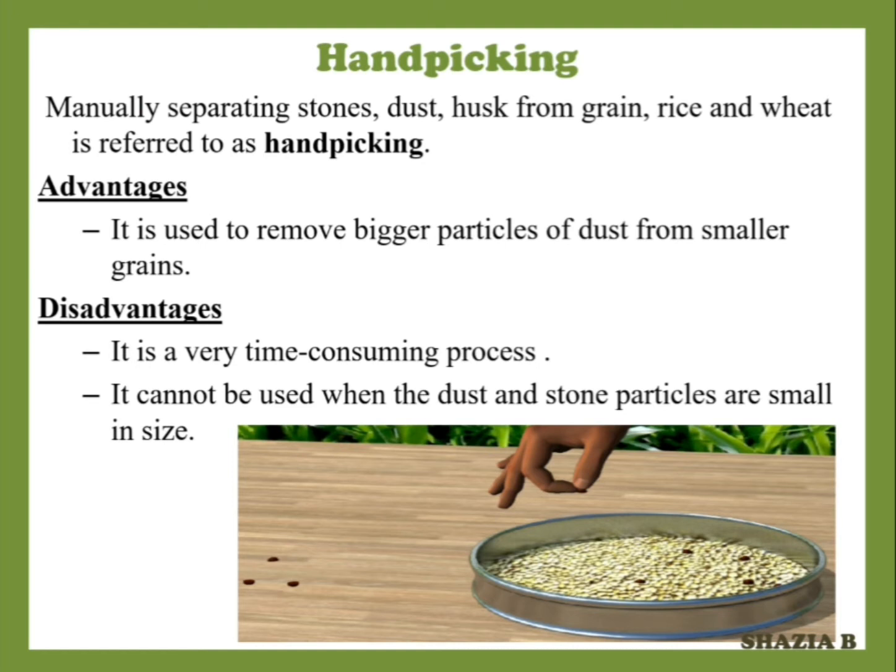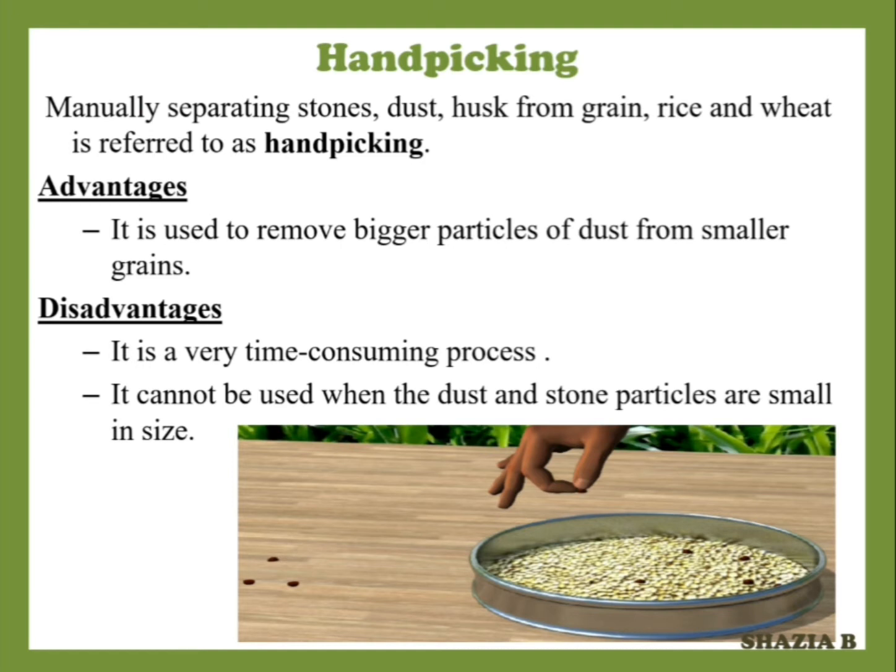It is a manual process, and it is time consuming and a very boring process. For example, as you can see here, suppose we are given a bowl full of pulses and you have to pick the undesirable particles from there. Here we can see, represented in black color, the undesirable substances.